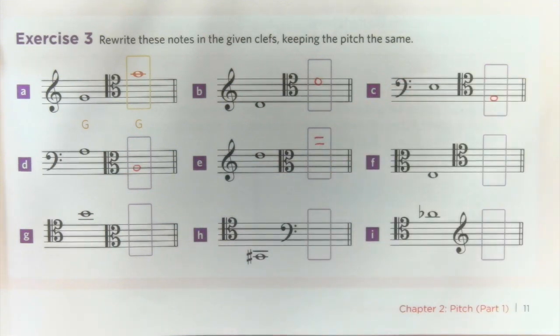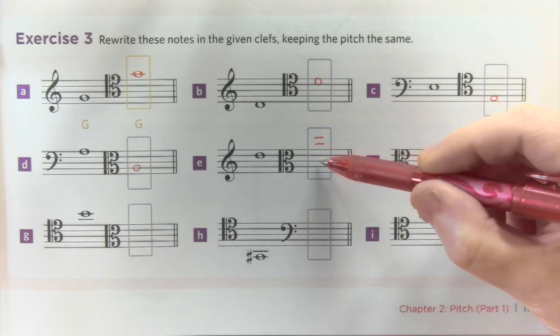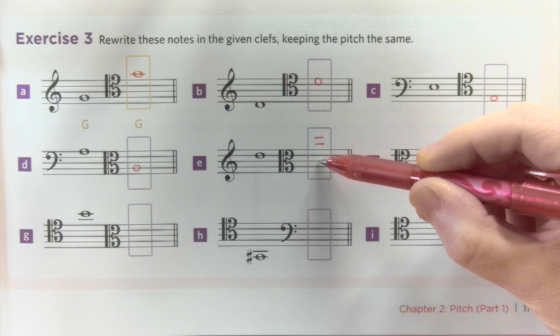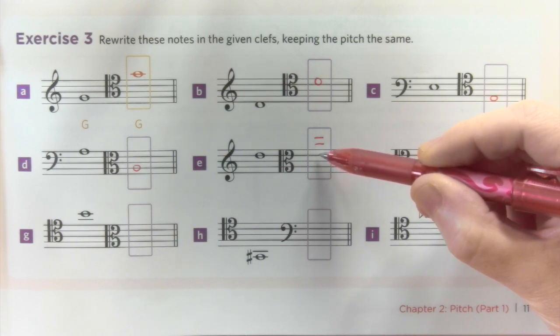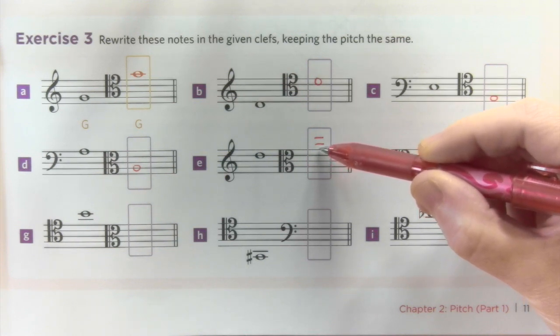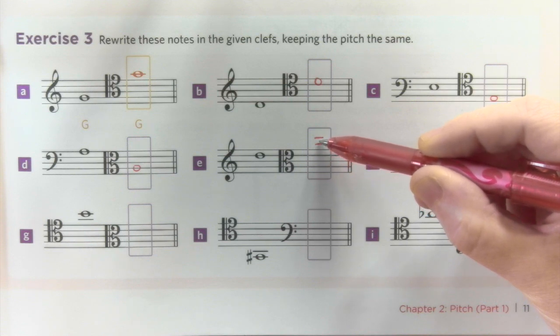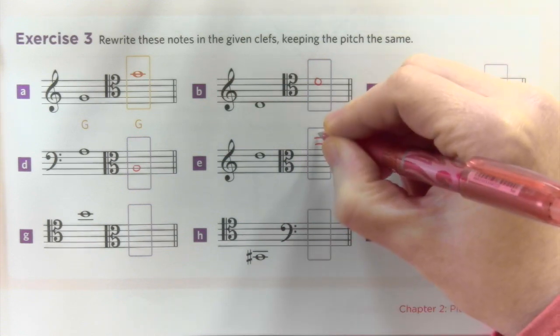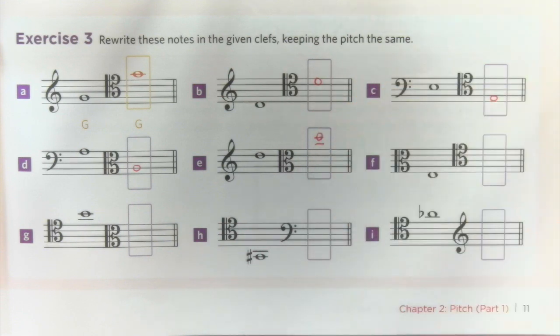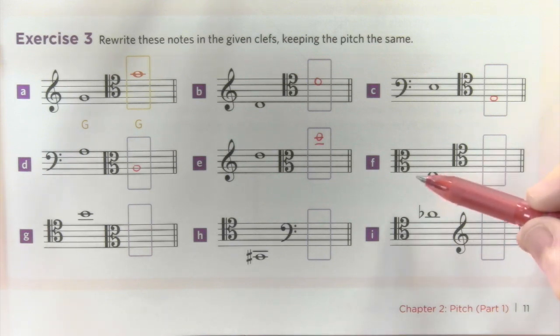So definitely I need 2 ledger lines for this. So let's count again. We need to stop on Re, D. Do, Re, Mi, Fa, Sol, La, Si, Do, Re. And here is our note.